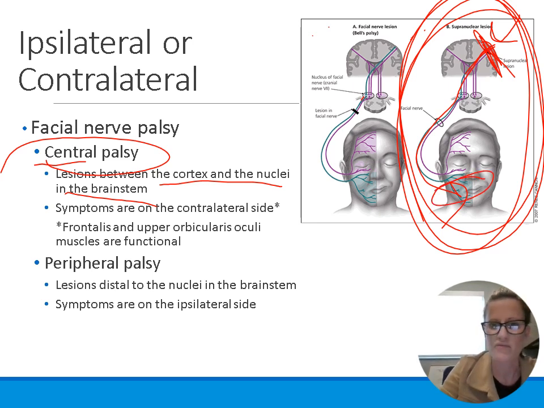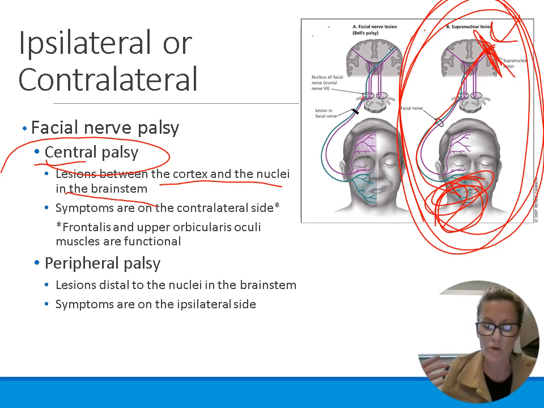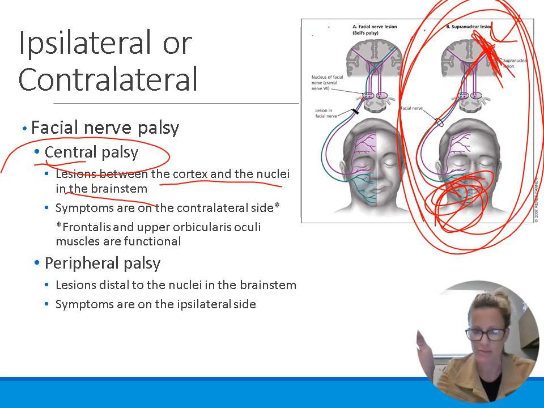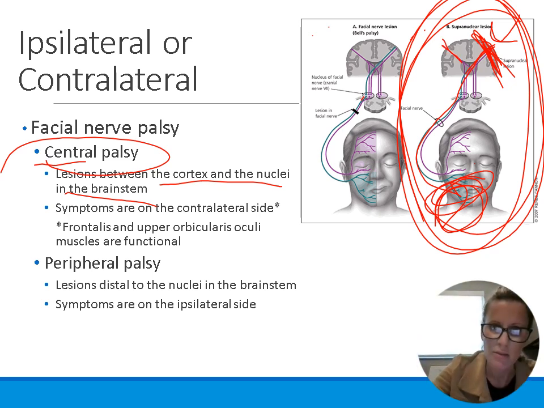So the bottom of the face is going to be paralyzed. There's also no purple fibers coming from that side, right? The lesion has cut those off. But remember, the top of the face has fibers coming from both sides of the brain. So there's still some purple coming from the other side of the cerebrum, that stays on this side and comes to the top.